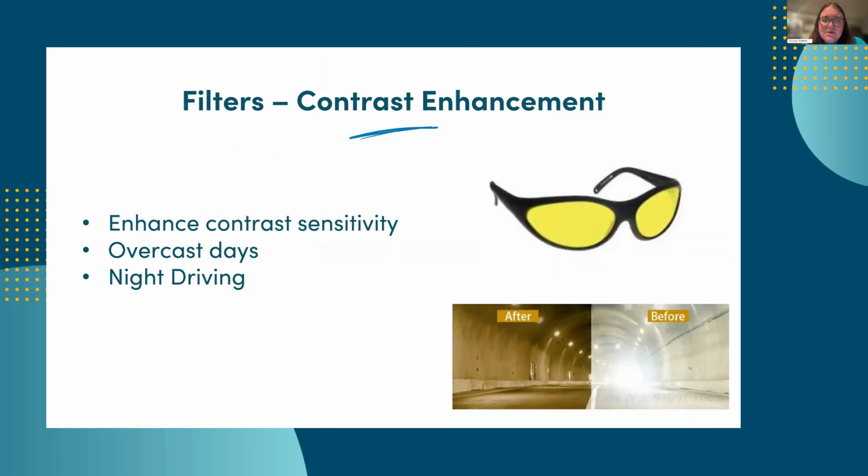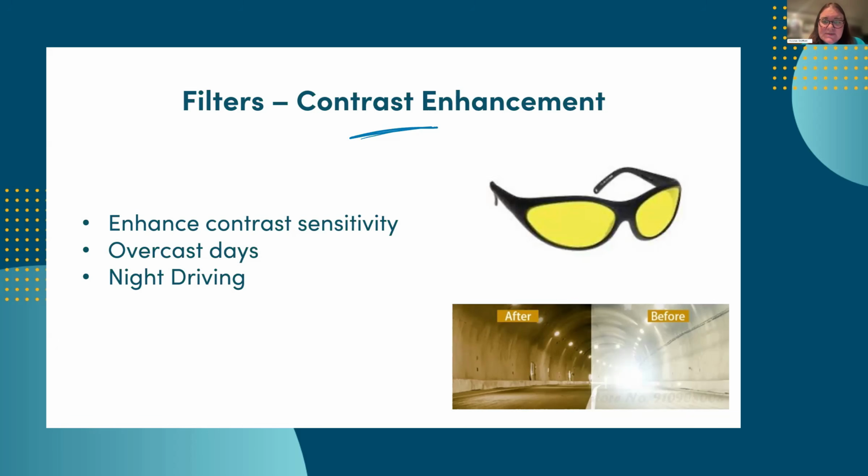Another way to address indoor glare and overcast days is using filters. So there are different types of companies out there that have filter glasses. And the big thing you want is a wraparound effect. So you want the glasses to wrap around your eyes to prevent any light from coming in from the top or the sides or the bottom. They each have different kinds of colors.